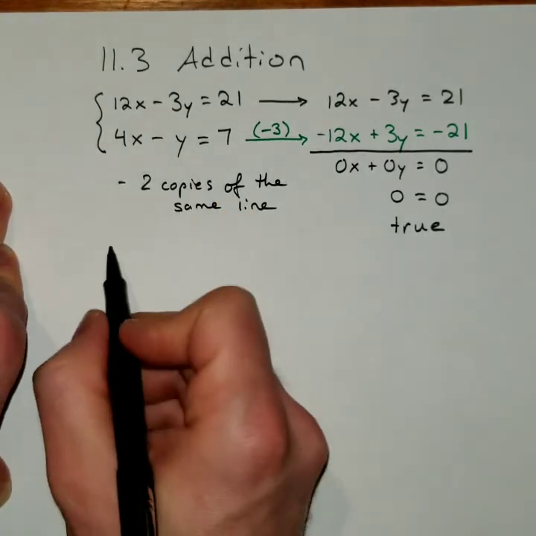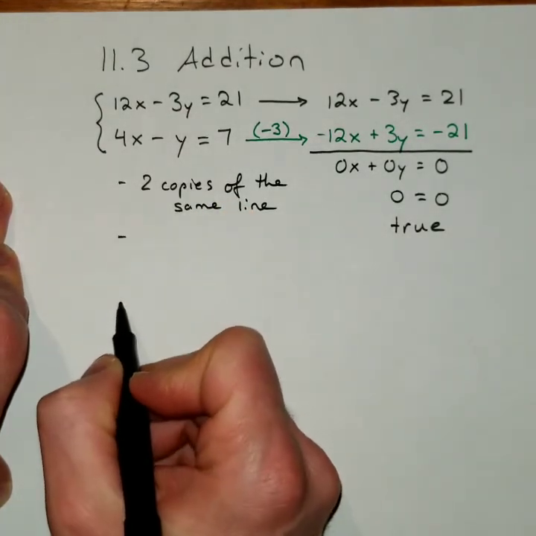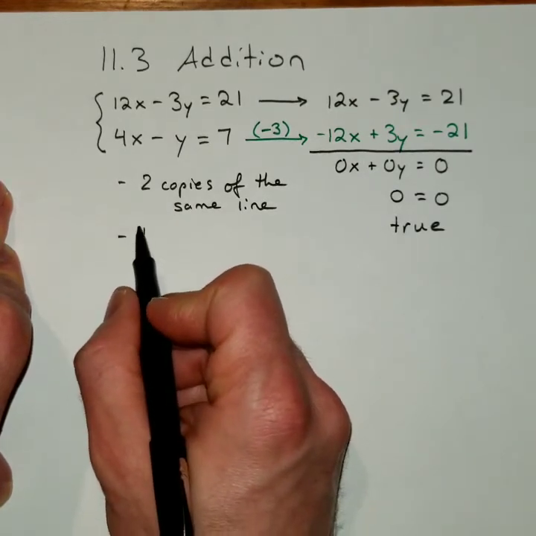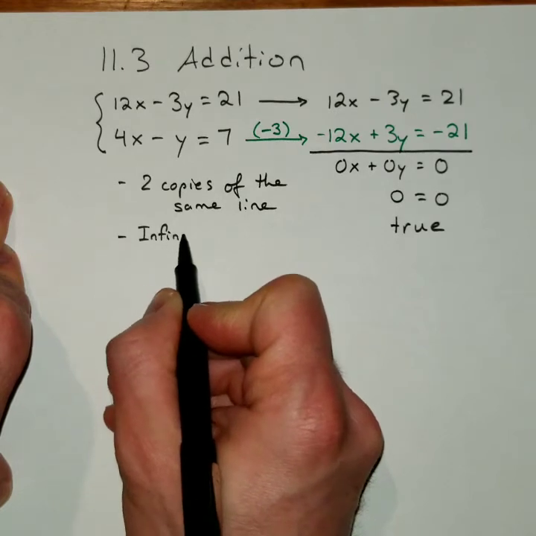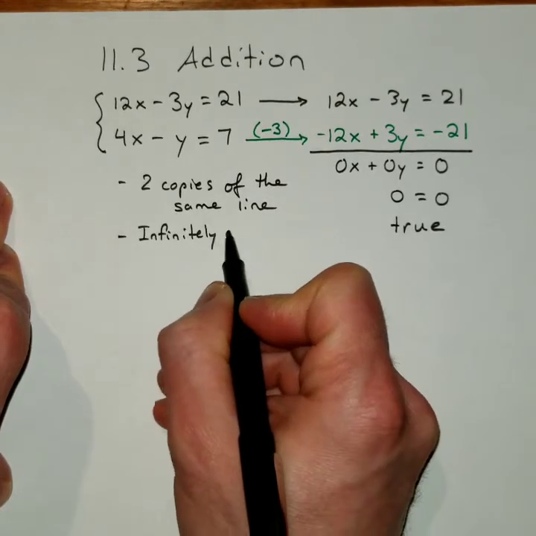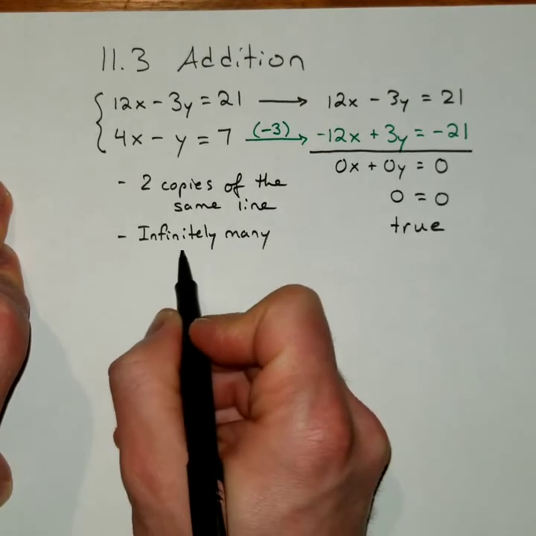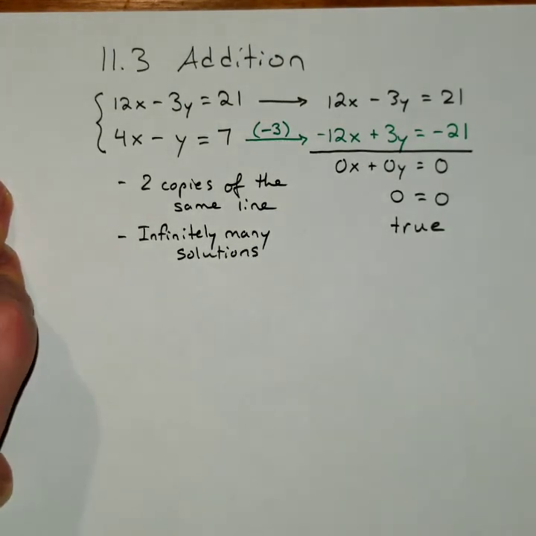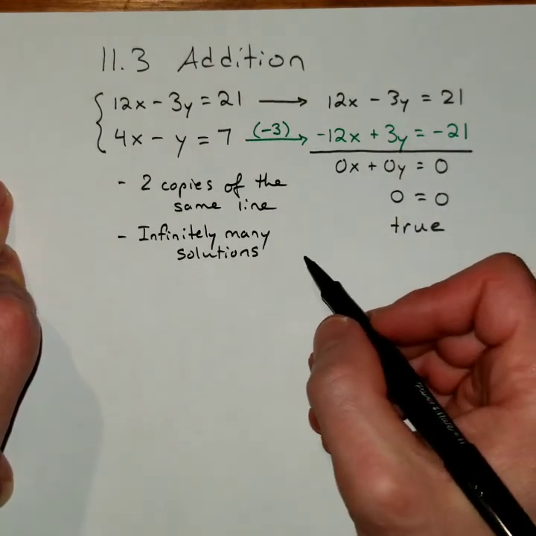Okay? It also means that there are infinitely many solutions. Infinitely many solutions. Okay, so it's essentially two overlapping lines.